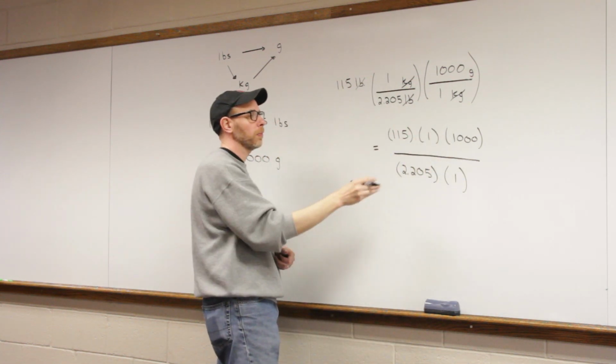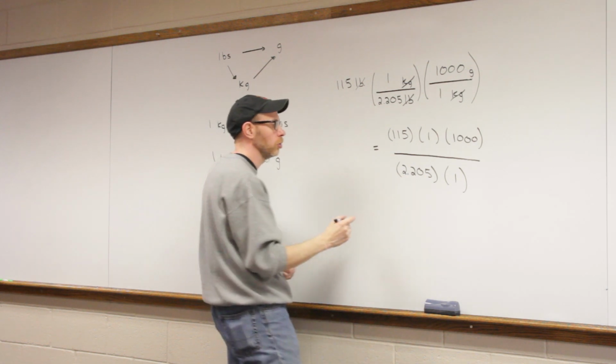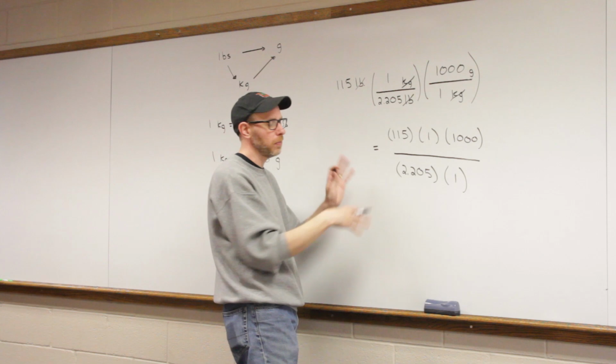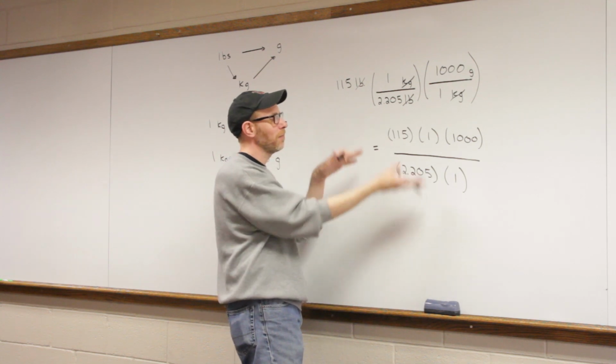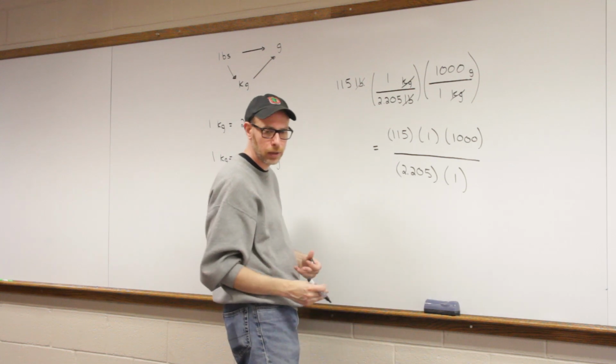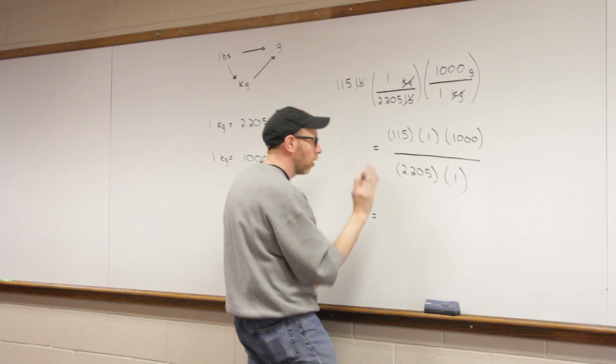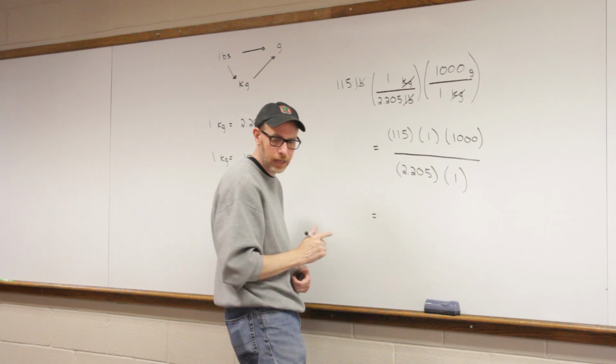I do all the multiplication on the top, and all the multiplication on the bottom, and then I divide those two. In reality, with it being all multiplication and division, it doesn't matter what order you do these in. You can divide first, and then multiply. It doesn't really matter.